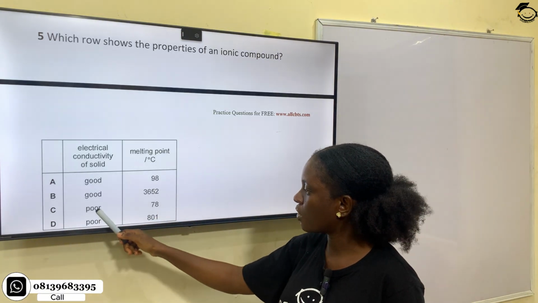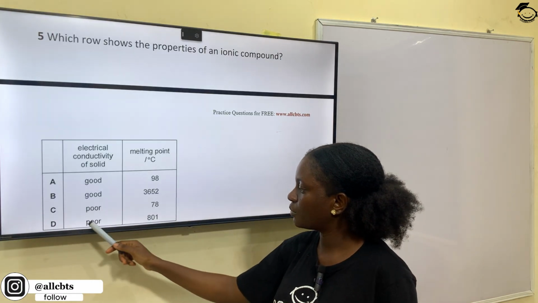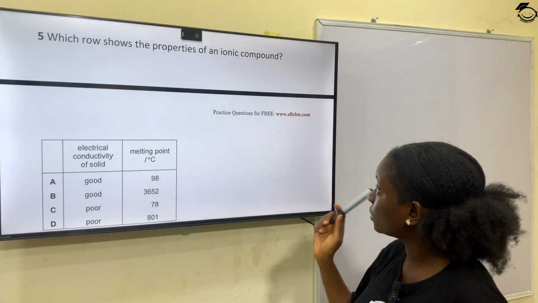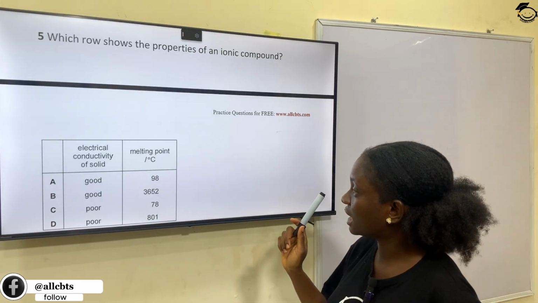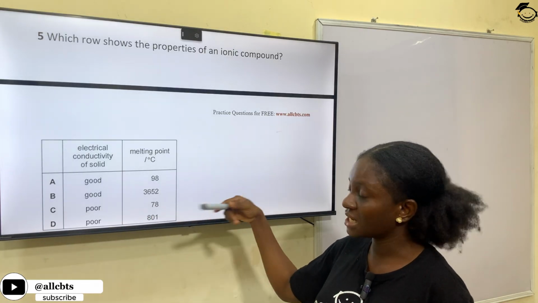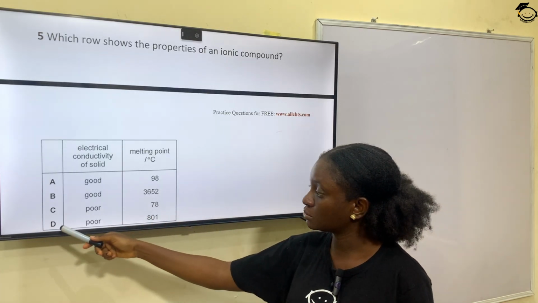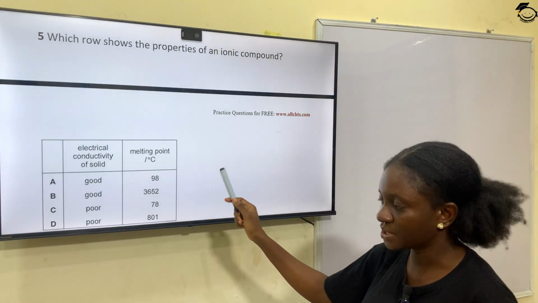Then C, poor, then 78 as the melting point. D, poor, and 801. So like I said, ionic compounds have poor electrical conductivity as solids and a very high melting point. So that makes option D the correct answer, poor and 801 degrees C.